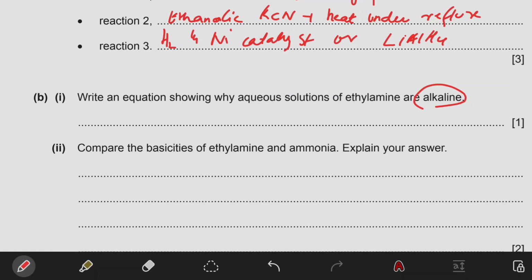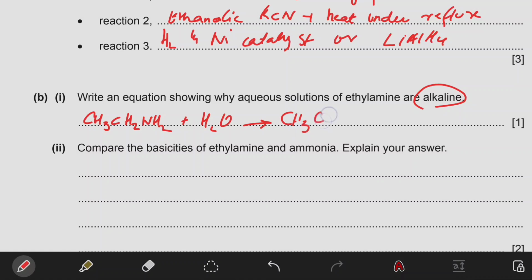So just write the formula: CH3CH2NH2 in water, and it needs to accept a proton.